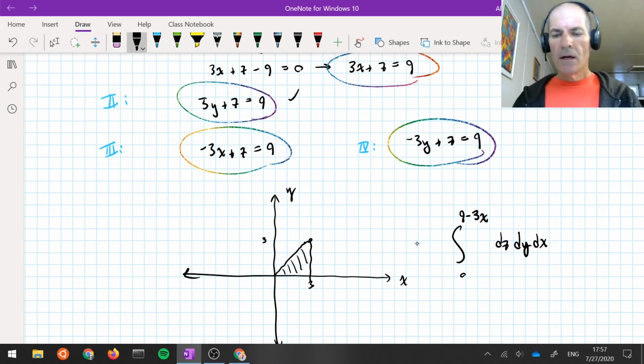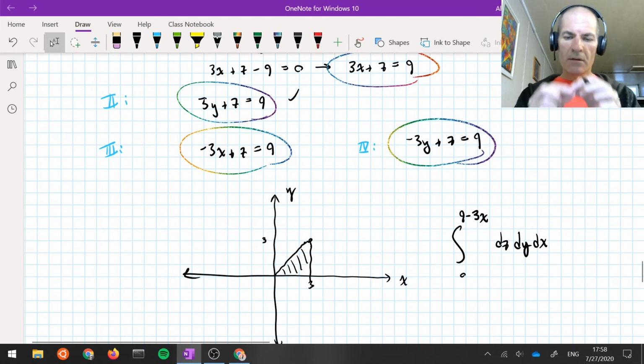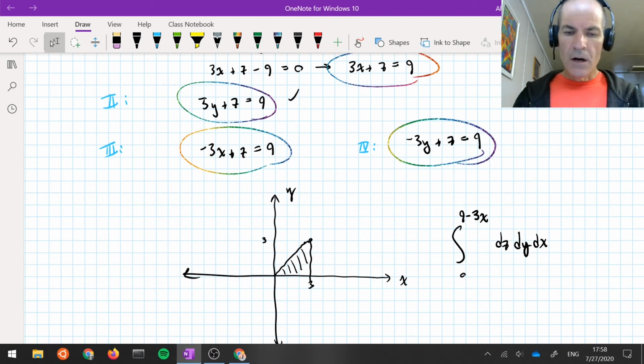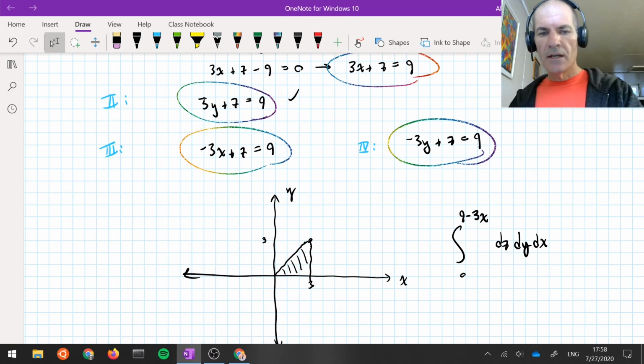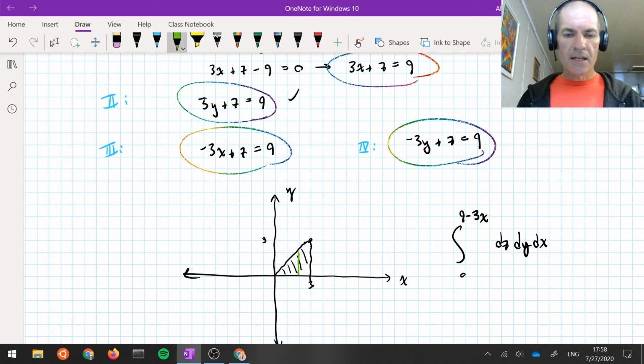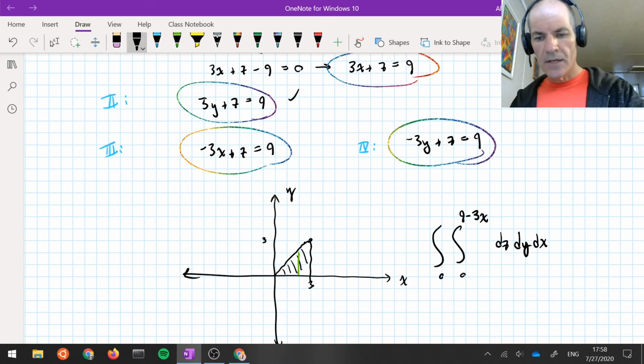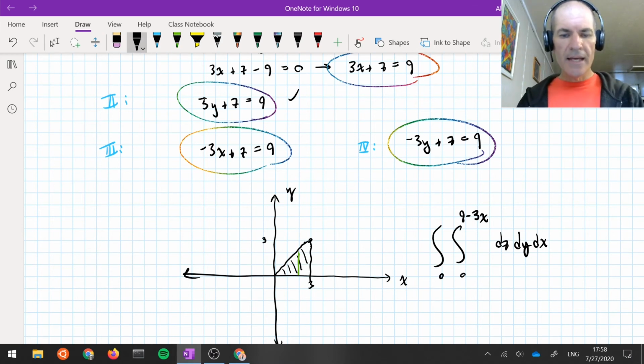All right, let's do y. So now we have dealt with the z coordinate. We smash that volume down onto the xy plane, and we build limits of integration in that direction. For y, we'll look at line segments parallel to the y-axis. Those line segments always start at 0, and they end on this line. What is that line?